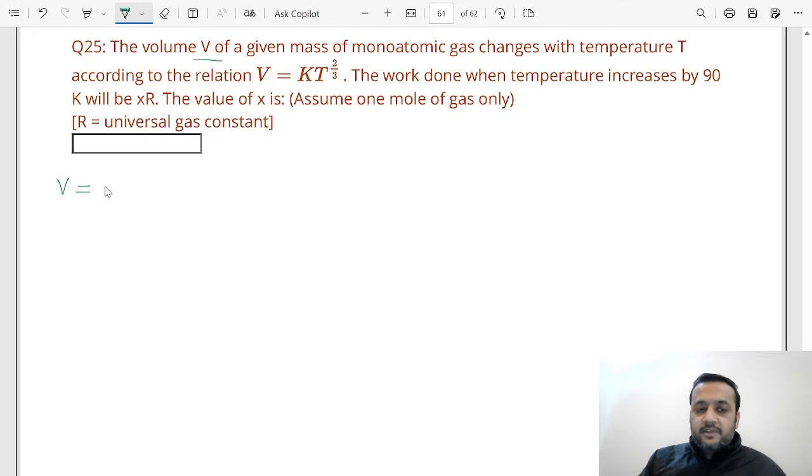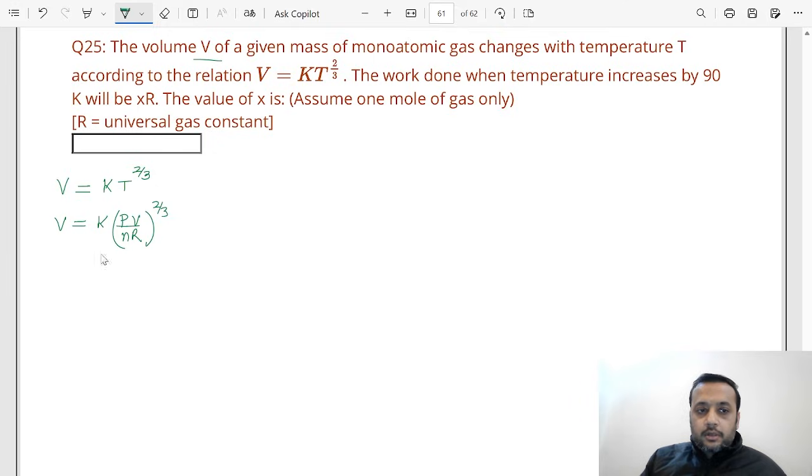The process equation is V equals some constant K into temperature to the power 2 by 3. Now if I write the temperature as PV by nR using the ideal gas equation, it can be written as (PV by nR) to the power 2 by 3.